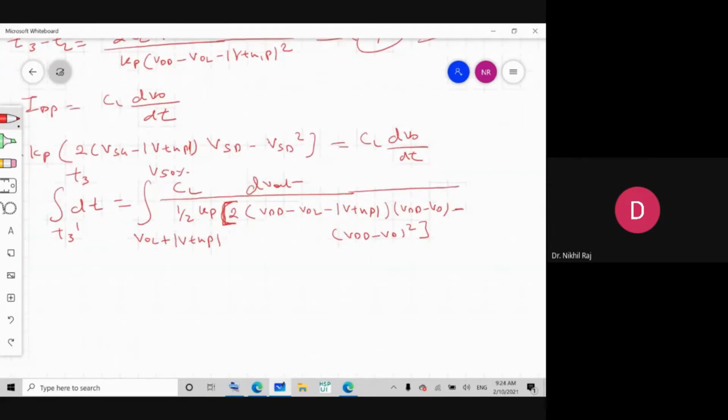Okay. So the left hand side is easy, T3 minus T3 dash will come, but in the right hand side CL is constant. But what about the inside here? If you see, in the first term there is a V out term, and the second also a V out term, the same as the earlier case. In the previous derivation we have seen a product is there, and it is also a function of dV out.